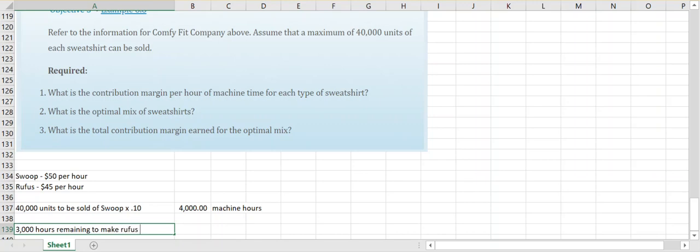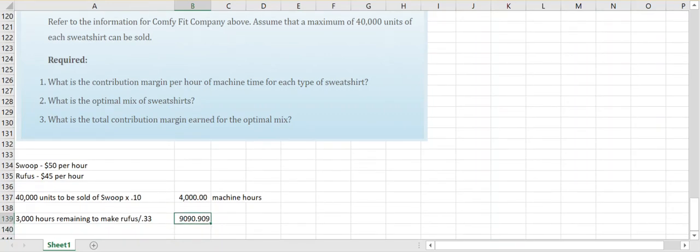to make Rufus sweatshirts. We take the 3,000 hours that we have divided by the 0.33 fraction of an hour that it takes, and we round to the nearest whole item here. We could make 9,091 Rufus sweatshirts.